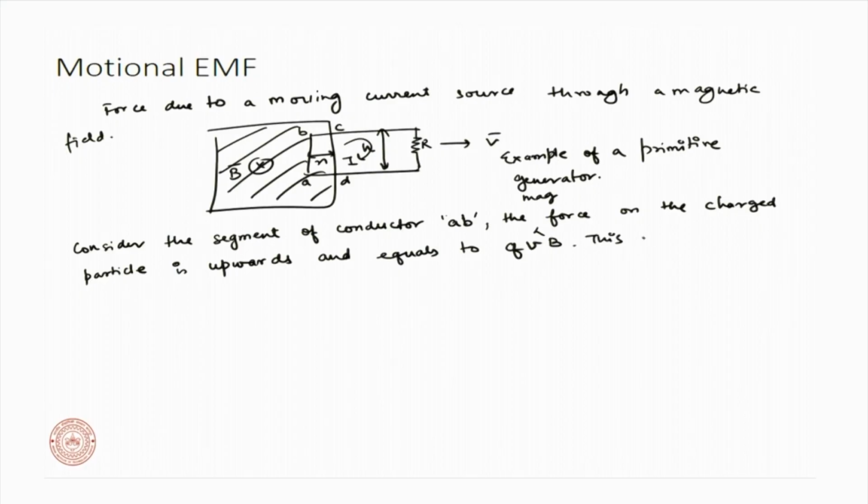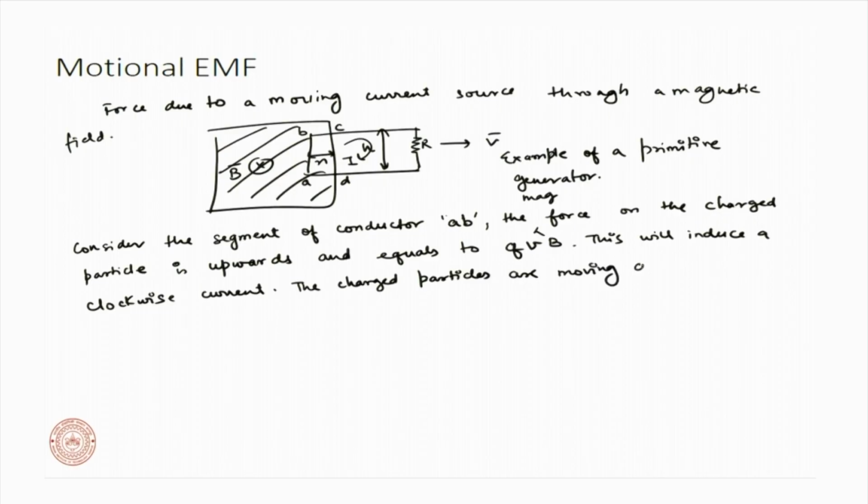This will induce a clockwise current. Okay. So, the force that is pulling the charges up is what is causing this induction of current through the coil. Right. So, say that the charged particles are moving in AB upwards with a velocity of u.